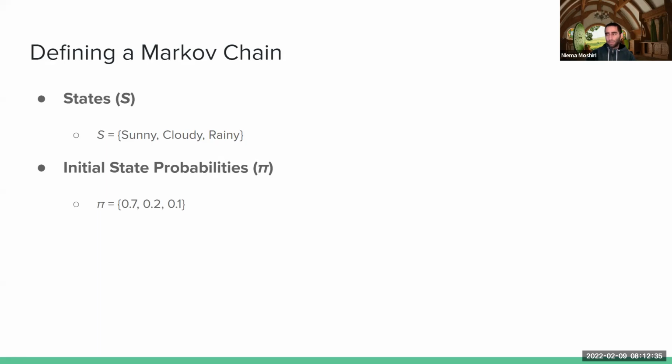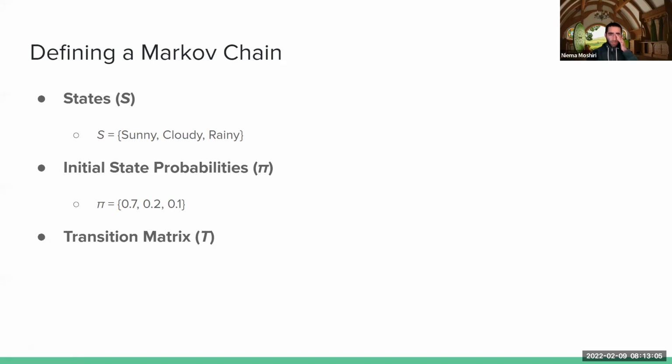In my weather example, maybe the probability that the very first day I look at happens to be sunny is 70%, cloudy is 20%, and rainy is maybe 10%. So, what is the probability that at the first time period I'm in any of those given states?